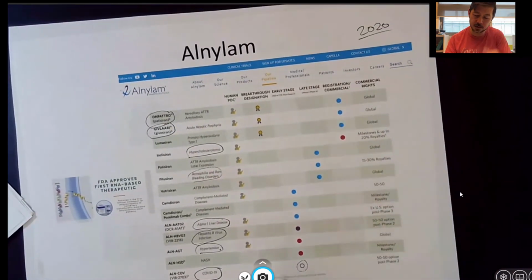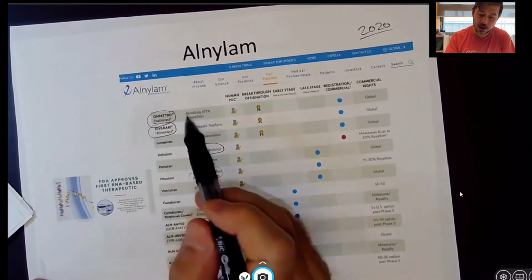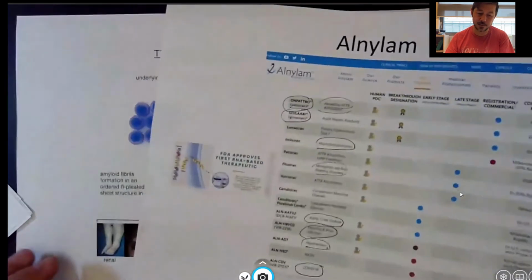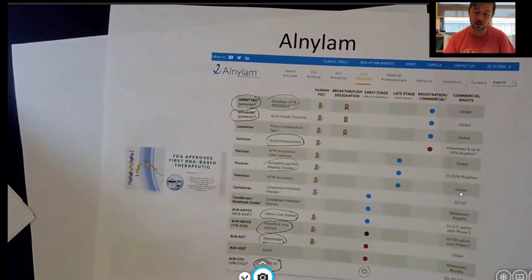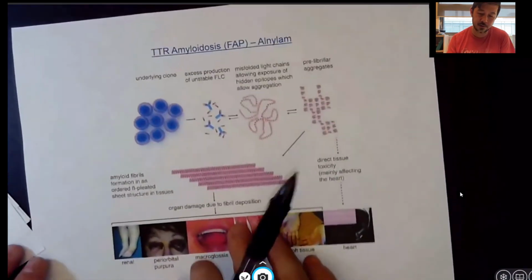I'll highlight a little bit about one of the molecules, the first one, called Onpattro, and how it targets this rare disease. I want to talk to you a little bit about the mechanism of how this works, and this will be the last slide for this unit.